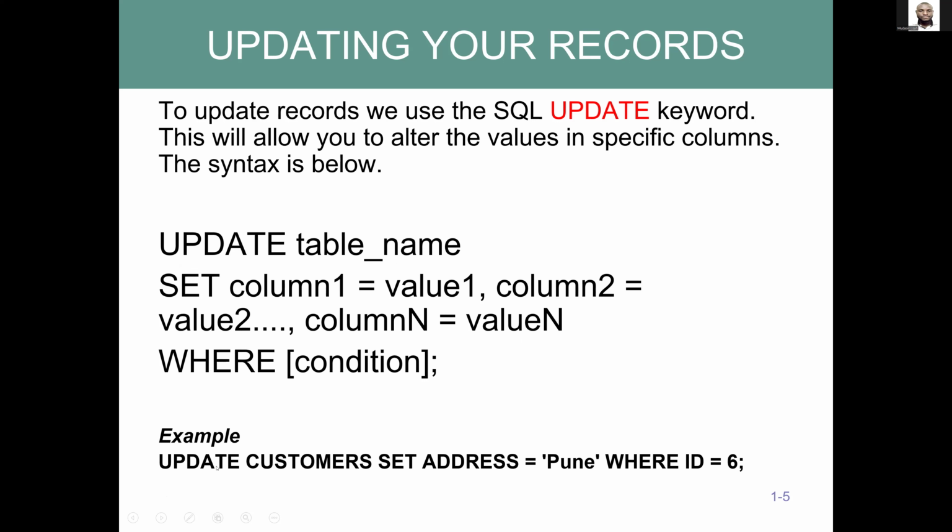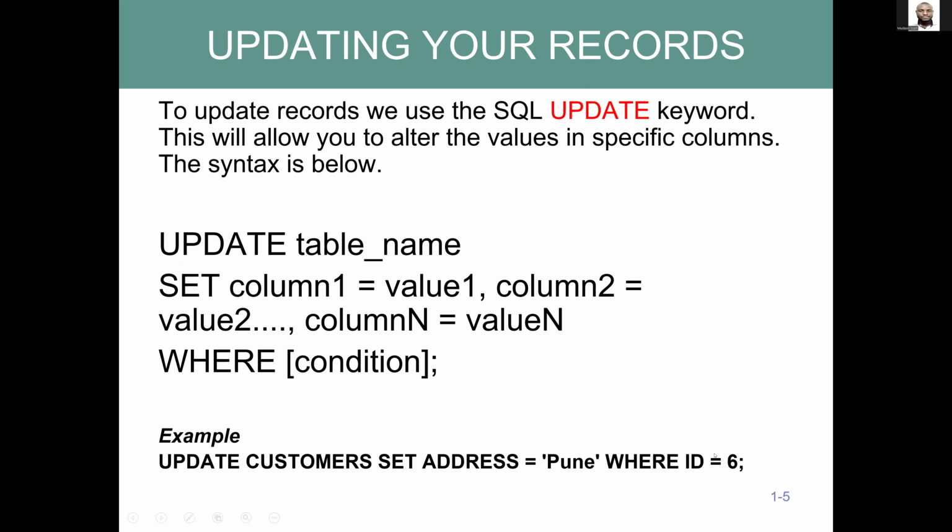For example, update customers, where customers is the table name. Set address, where address is a field or attribute of the table, equals the value. Then here is a condition: where ID equals 6.